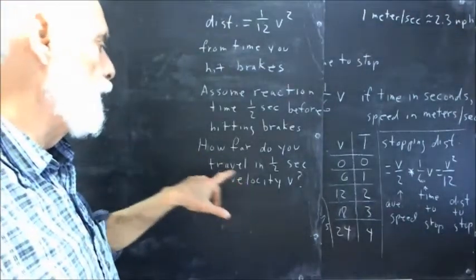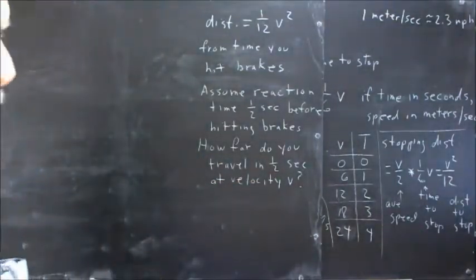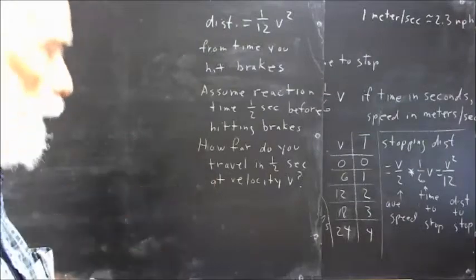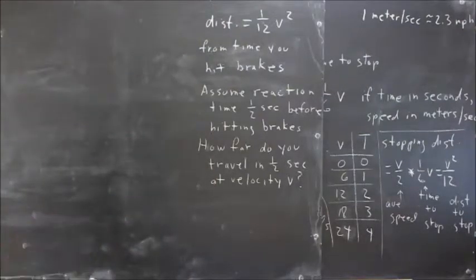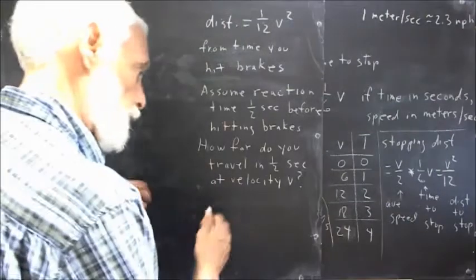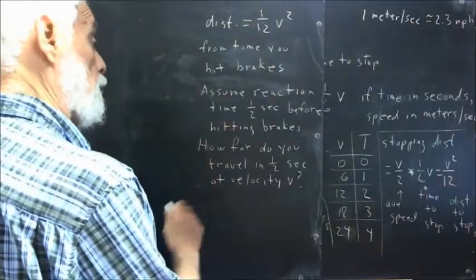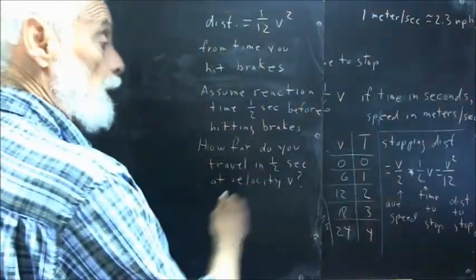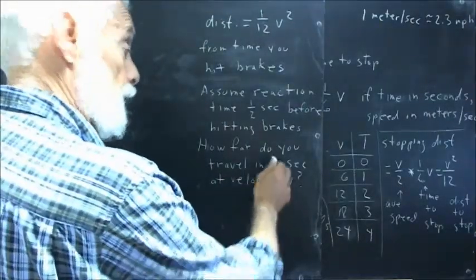So the question is, how far do you travel in a half a second at velocity v? You should pause and answer that question, but I'm going to go ahead and answer it now, and hopefully you have done so. Well, you multiply the speed times the time.